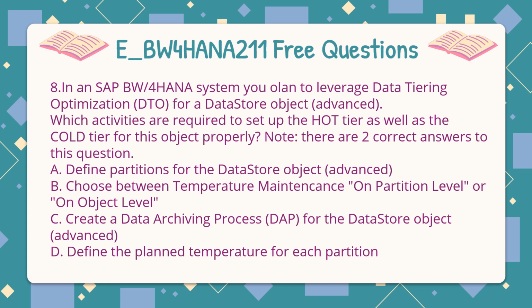A. Define partitions for the DataStore object (advanced). B. Choose between temperature maintenance on partition level or on object level. C. Create a data archiving process, DAP, for the DataStore object (advanced). D. Define the planned temperature for each partition.